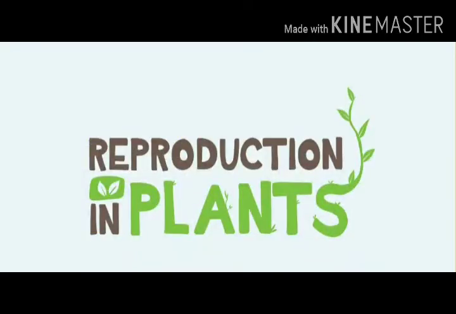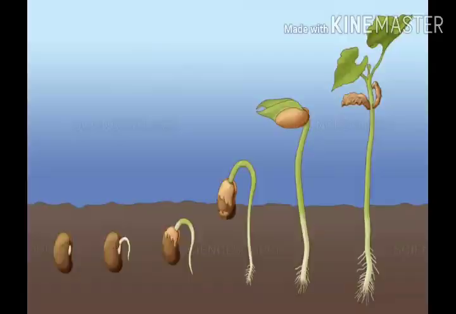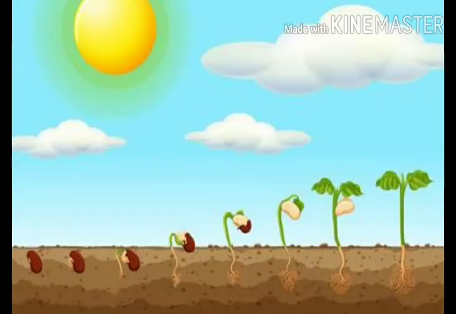Children, now let us understand what is reproduction in plants. Like animals and human beings, plants also reproduce to ensure the continuation of the species. They reproduce in many ways. Most of the plants grow from their seeds.